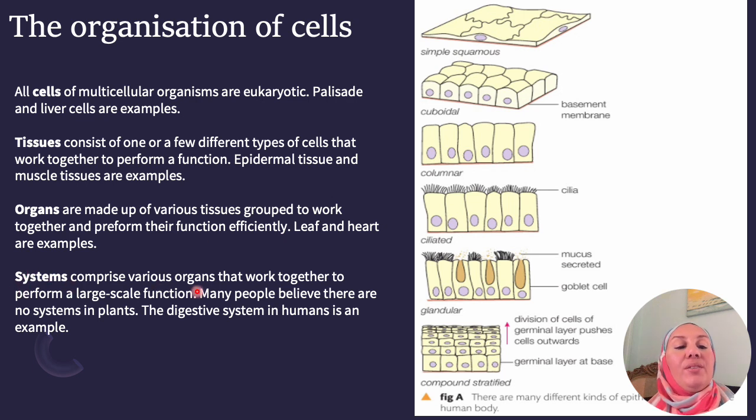Systems comprise various organs that work together to perform large-scale functions, such as the reproductive system, maybe the digestive system. Many people believe that there are no systems in plants. That is one way of thinking about it. The digestive system in humans is an example, as we said.